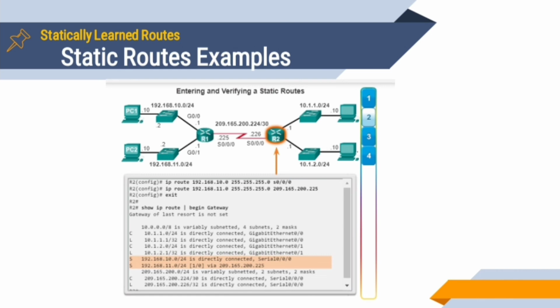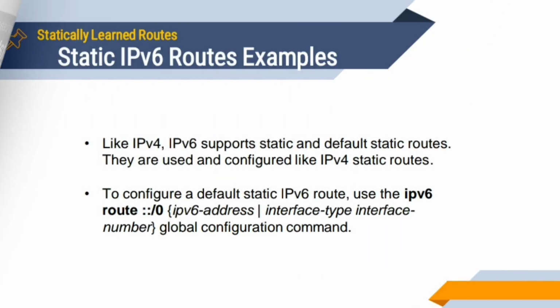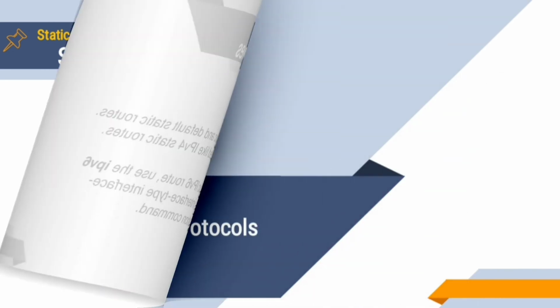Also, notice that because these static routes are to specific networks, the output indicates that the gateway of last resort is not set. Lastly, like IPv4, IPv6 supports static and default static routes. They are used and configured like IPv4 static routes. To configure a static default IPv6 route, use the ipv6 route global configuration command.